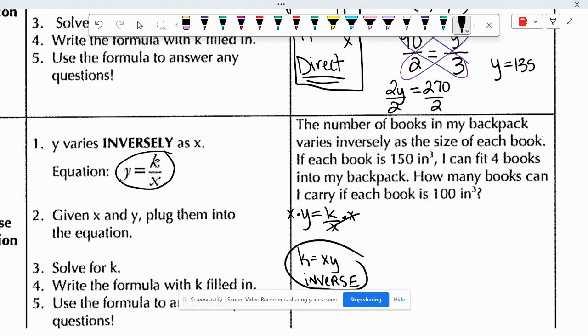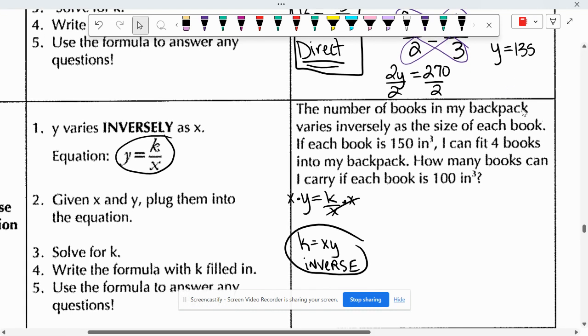So our example: the number of books in my backpack varies inversely as the size of each book. For example, if each book is 150 inches cubed, I can fit 4 books in my backpack. But if the size of the book decreases to 100 cubic inches, how many books can I fit in my backpack?